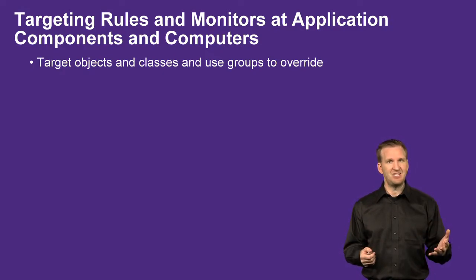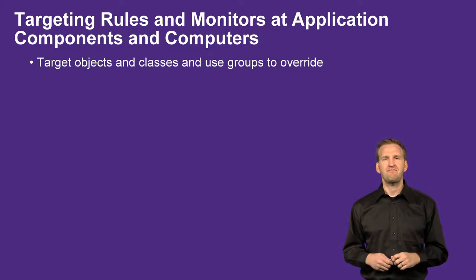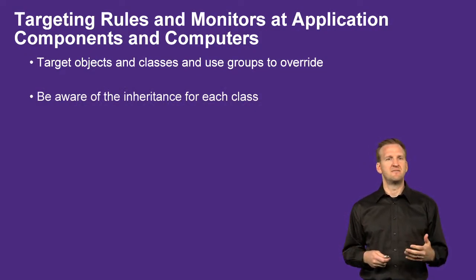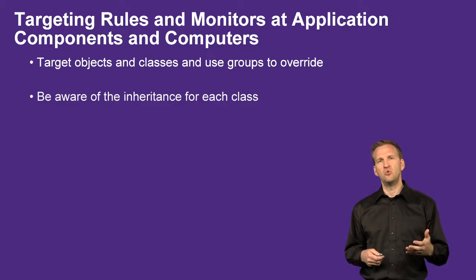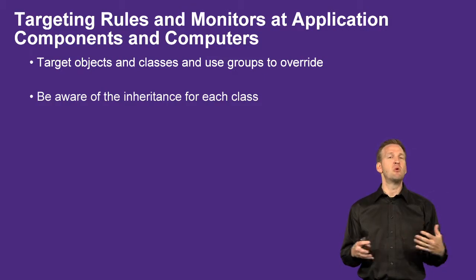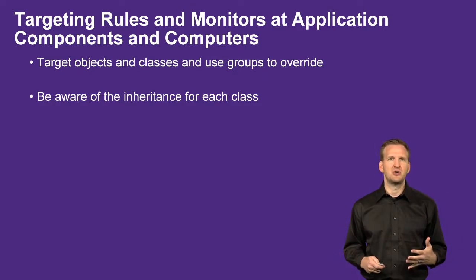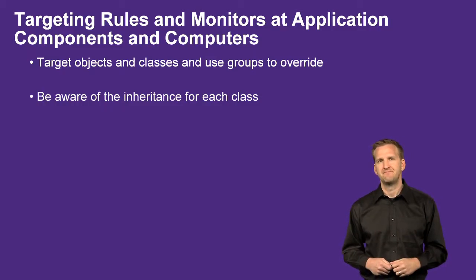The computers, the agents, will only follow the rules that are targeted to them. And then be aware of inheritance of these classes, because if I target a rule or a monitor to a particular class of object, that actually might affect more objects than you realize. There's an inheritance in the class structure of these objects.